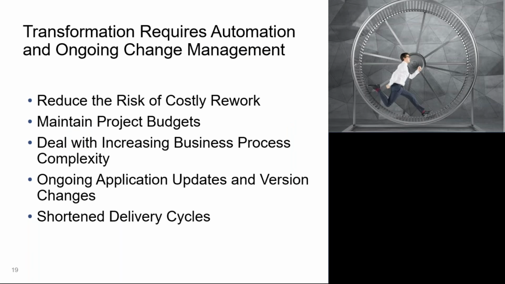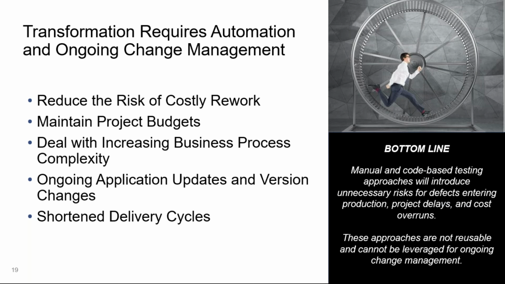So what it means is that the transformation requires ongoing change management. We have to reduce the cost of rework. We still have to stay within budgets. We have to deal with all of this increasing complexity. Bottom line is, when you start adding all of these together, manual testing and code-based testing approaches are not going to be sufficient.